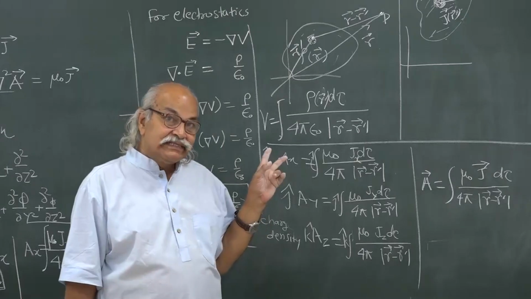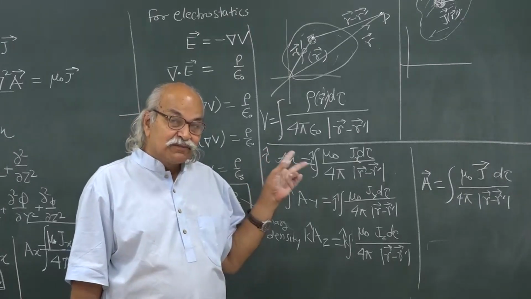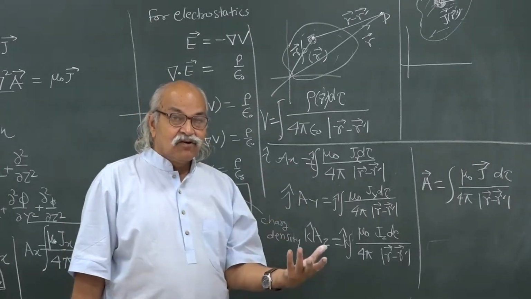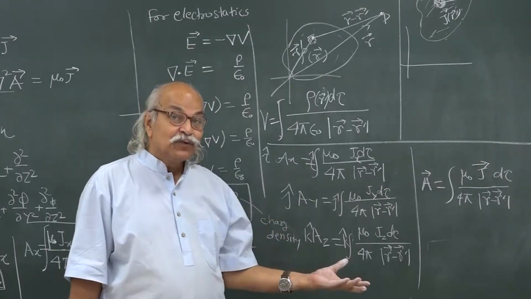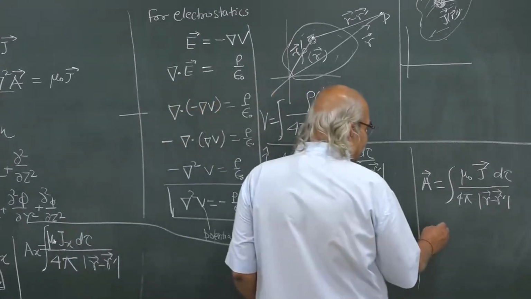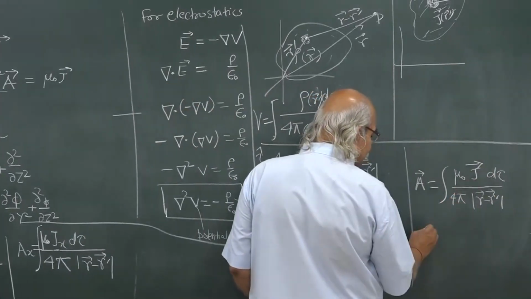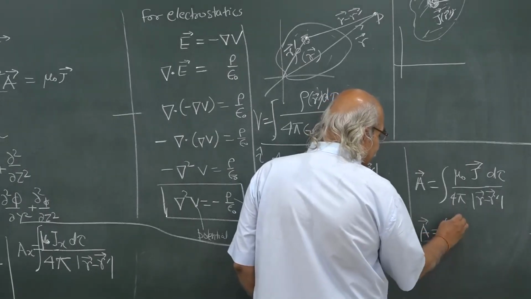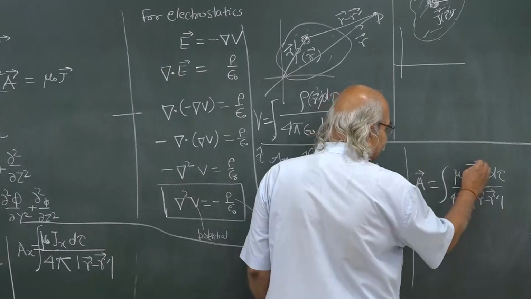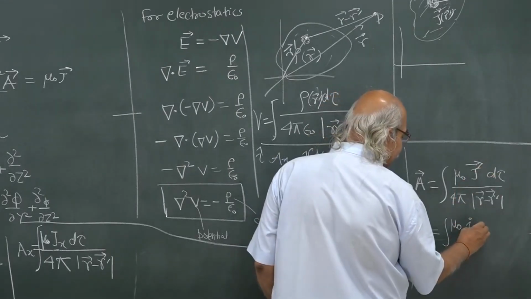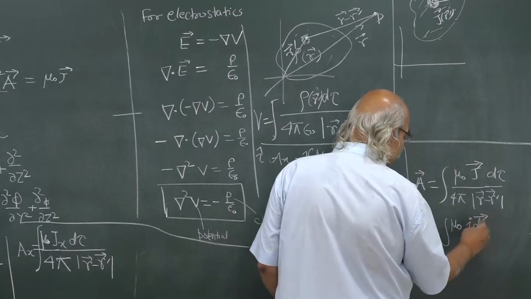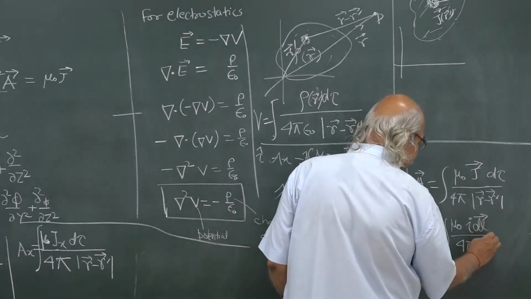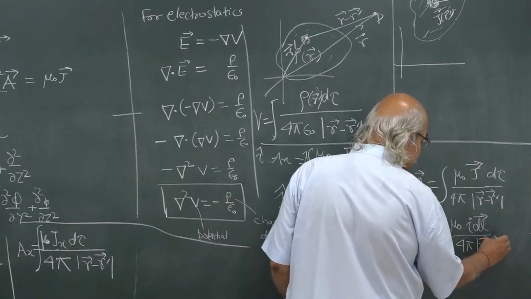This is in terms of the volume current distribution that I have written, but if you have a linear current or a surface current, you know what to do. Just replace this J d tau. If it is a linear current, J vector d tau is replaced by I dl vector. That is the current element for linear current.